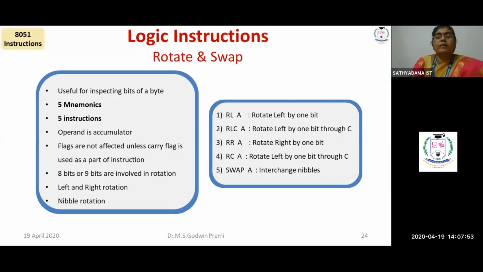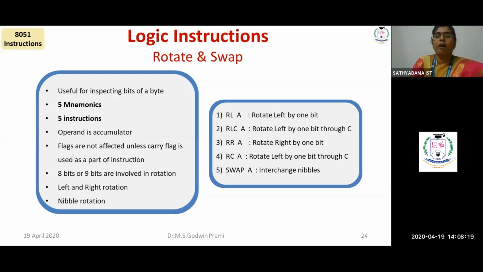Actually, these rotate and swap instructions are used for inspecting the bits of a byte. Byte means 8 bits. In these 8 bits, if you want to inspect, check any bit, then you can use these rotate instructions. Actually, there are only 5 mnemonics. With these 5 mnemonics, we can form only 5 instructions.